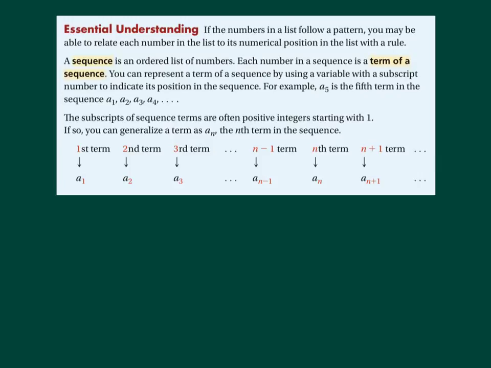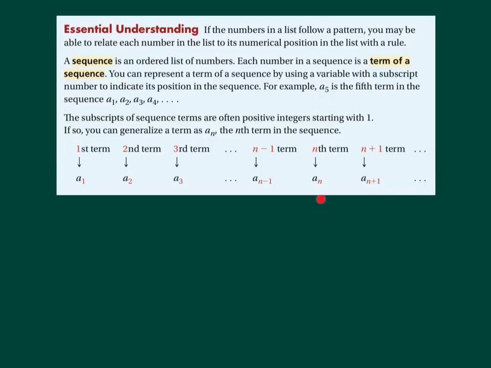Okay, this is just the page from your textbook that explains what I just went over. What is a sequence? How do we note sequences? Okay, the main addition here is you'll notice over here we've introduced the variable n, the n minus 1 term, the nth term, and the n plus 1 term.